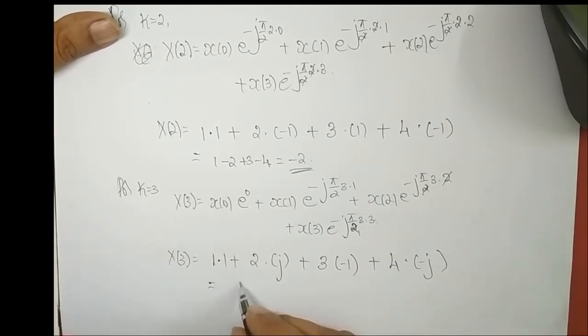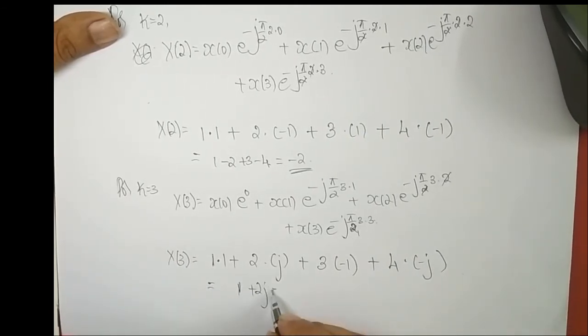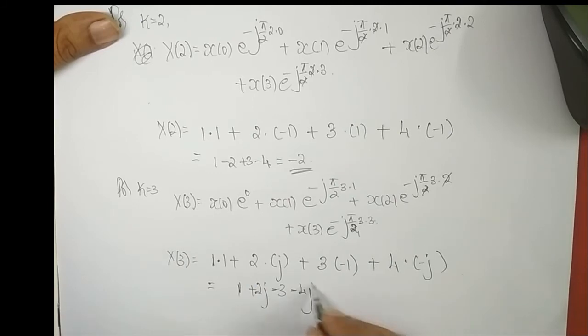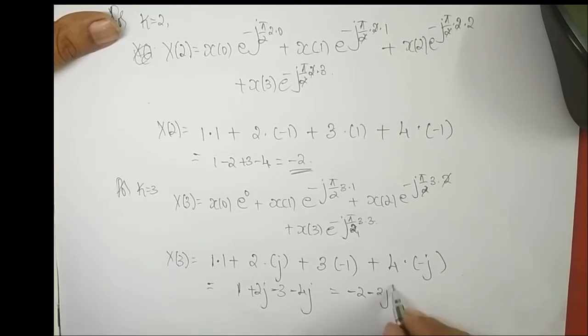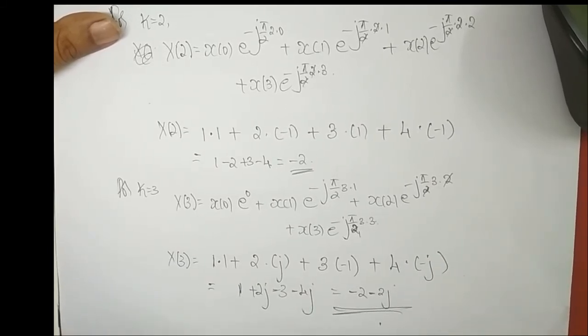Okay, this is equal to 1 plus 2j minus 3 minus 4j. So this is equal to 1 minus 2, which is minus 2, and plus 2j minus 2j is minus 2j. Fine.